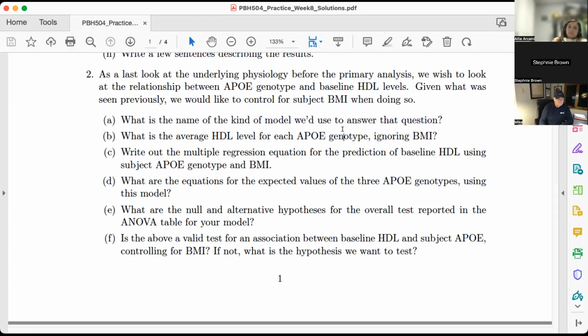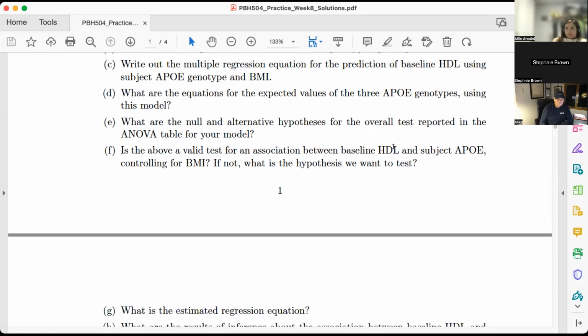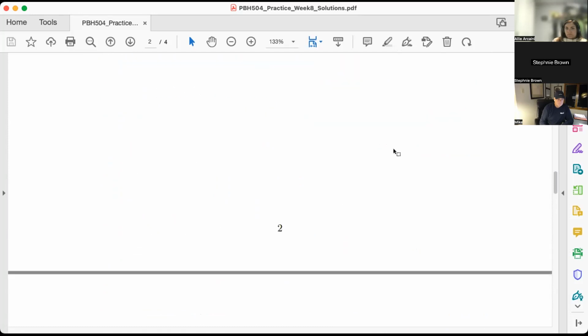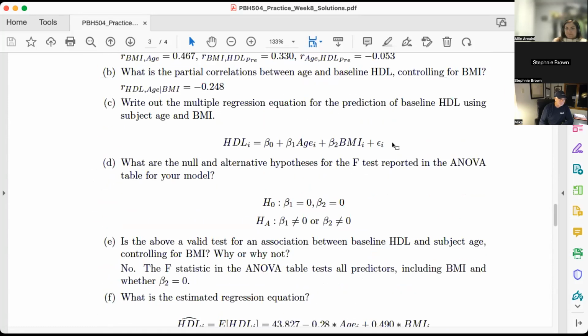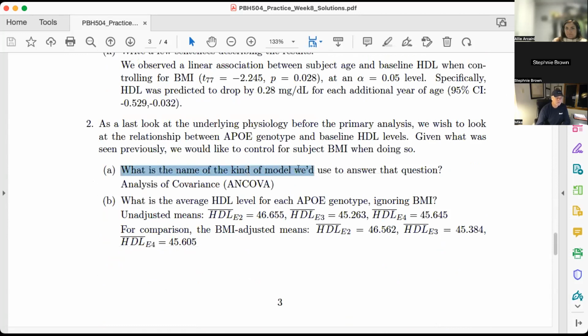First question, what is the name of the kind of model we use to answer this question? Now, we didn't discuss this, and it doesn't really matter, but when you have a central question about a categorical predictor, and you want to include one or more numeric predictors to control for, in the olden times we called that analysis of covariance, or ANCOVA.